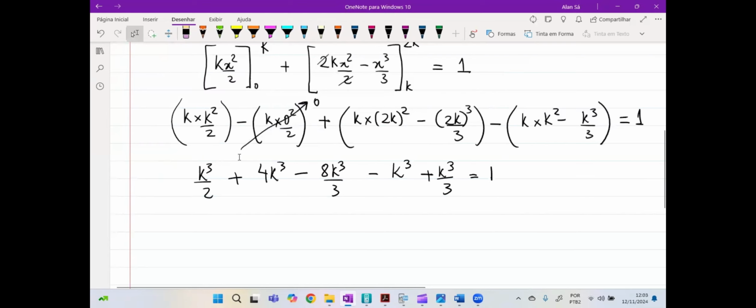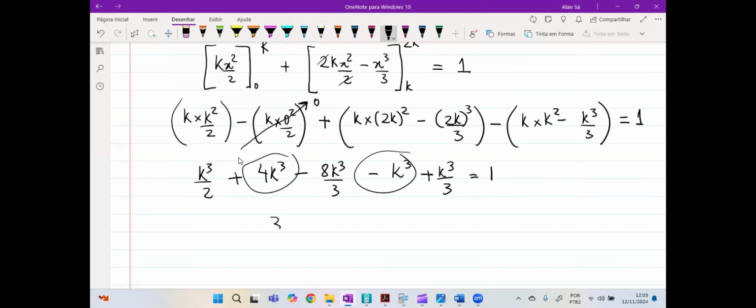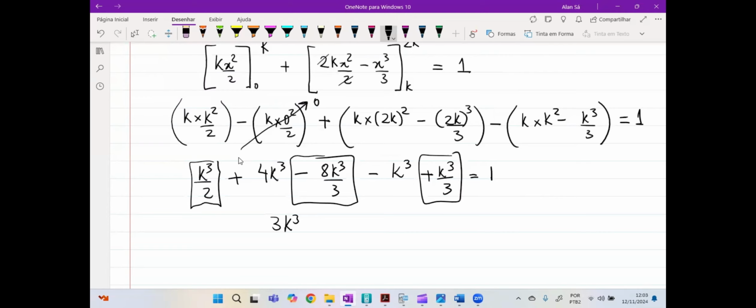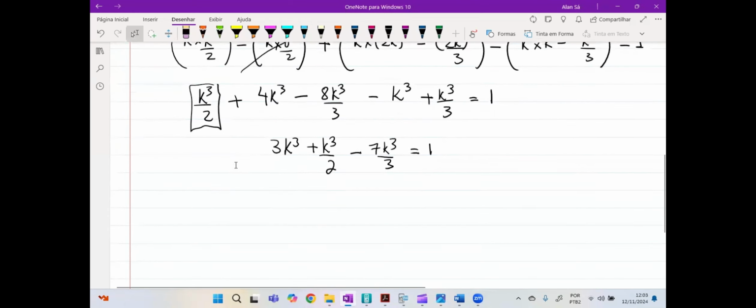Now we have to combine the terms. 4k cubed minus k cubed is 3k cubed. Adding these terms gives k cubed over 2 plus 3k cubed minus 7k cubed over 3. This needs to be equal to 1. To get rid of these denominators, we can multiply the whole equation by 6.